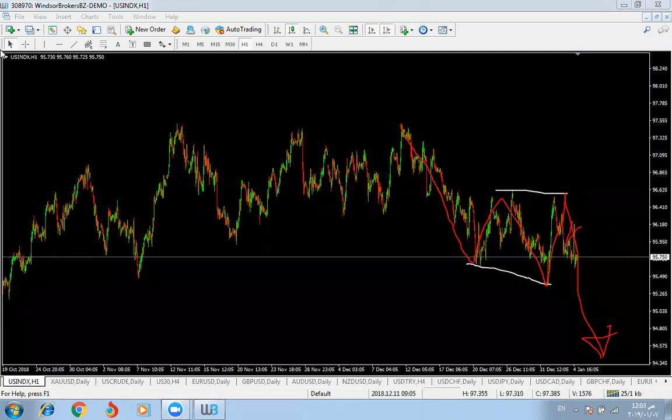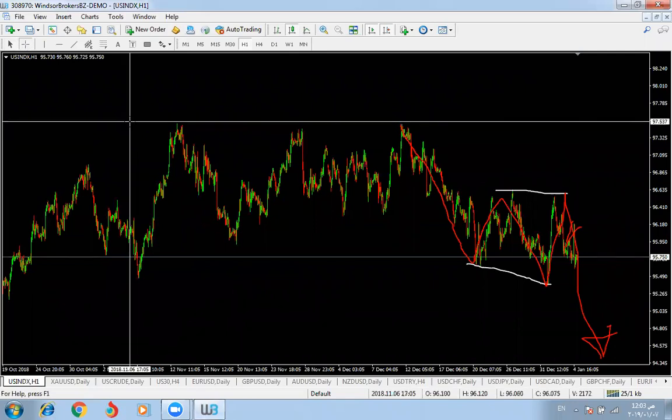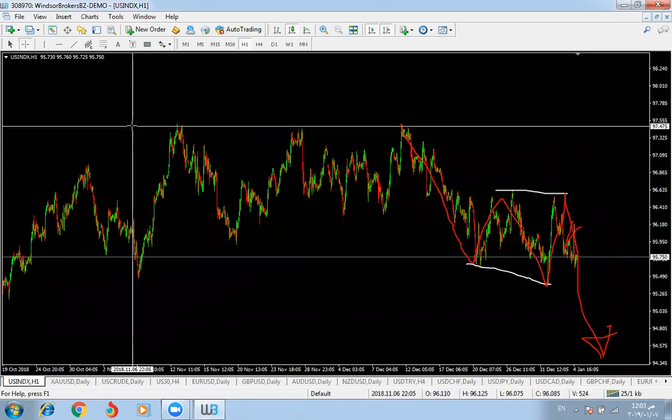Our invalidation point for the dollar index is around 97.50. Once the price reaches 97.50, we have to rethink our analysis, the reversal and the direction.